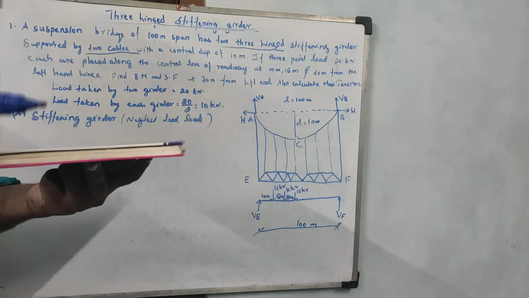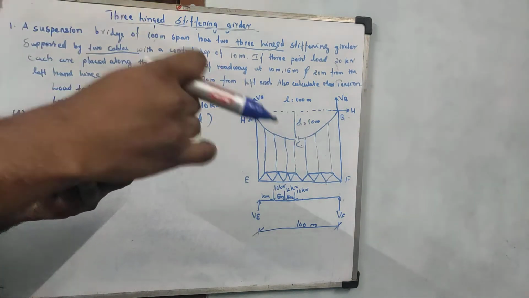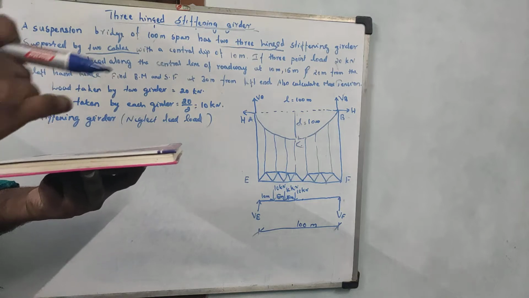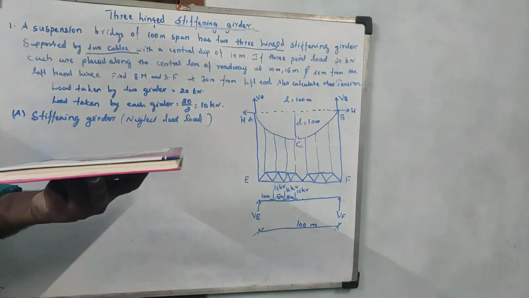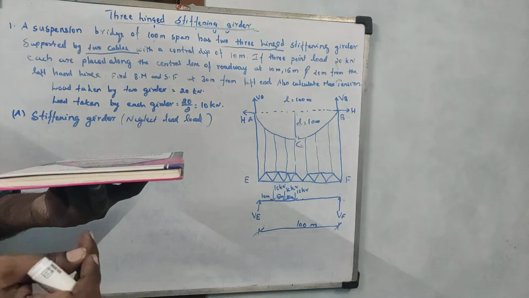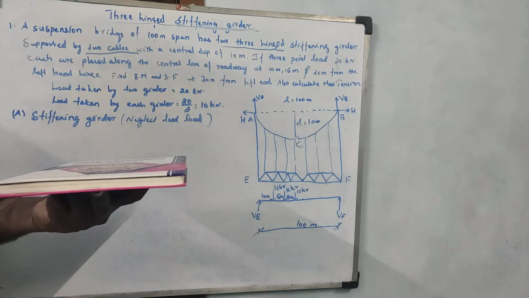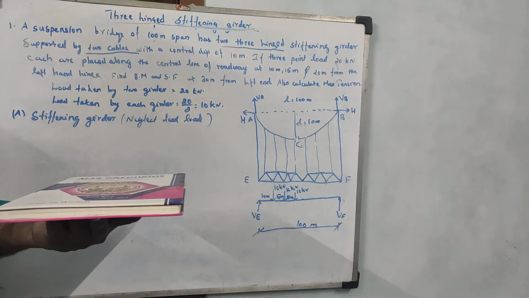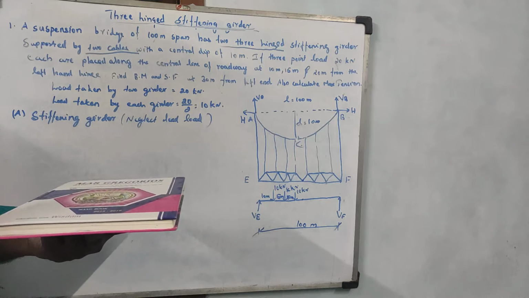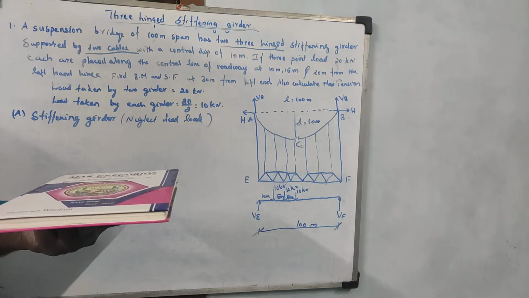So we know that a roadway has two stiffening girders, one at each end. So here we have to analyze a single stiffening girder and a single cable.